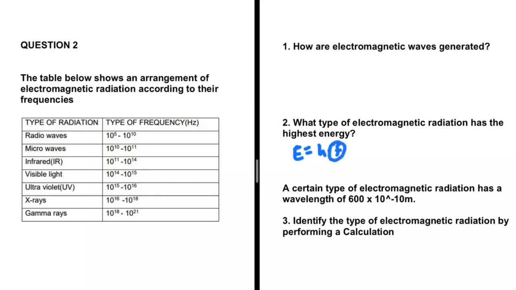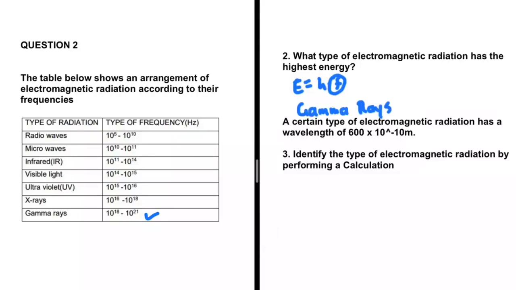It's just a matter of going to the table and seeing which type of radiation has the highest frequency. And clearly it is gamma rays. Gamma rays have the highest frequency, from 10 to the power 18 to 10 to the power 21. So the answer to our second question is gamma rays.